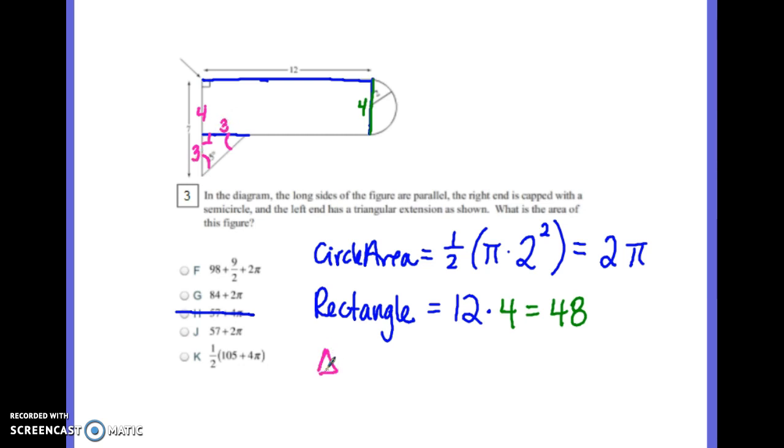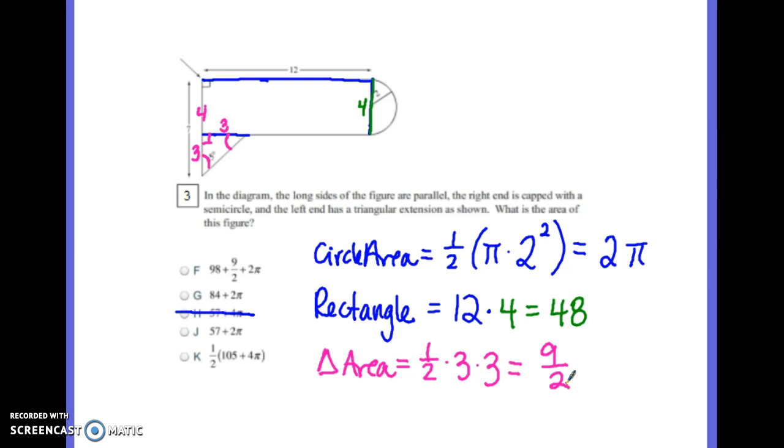And the triangle area then would be 1/2 times base times height. If you remember, when you're looking at a triangle, your base and your height are perpendicular, so that's 1/2 times 3 times 3. As you look at your answer choices, you don't see any decimals, so 3 times 3 is 9, and 1/2 of 9 is 9/2.